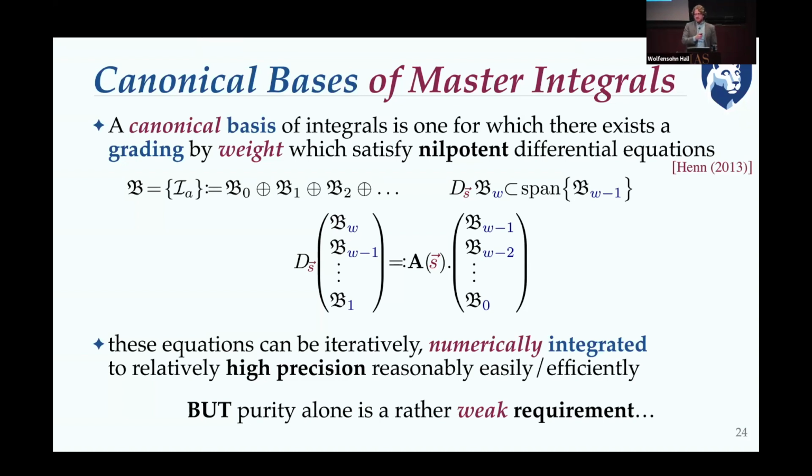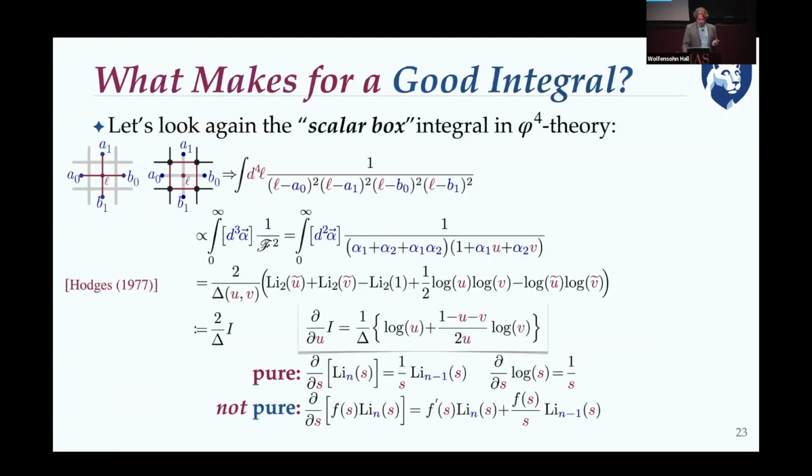But the problem, and this is going back to what Nima was asking about, is that purity alone is extremely weak. Any linear combination of pure integrals with constant coefficients is pure. It doesn't really mean that it exposes anything of interest or that they're nice integrals. In particular, in the case of the one-loop scalar boxes, triangles and bubbles, one sense in which that is a poor choice is that when I hit this integral here, once I've normalized it correctly, it is conformal and finite.